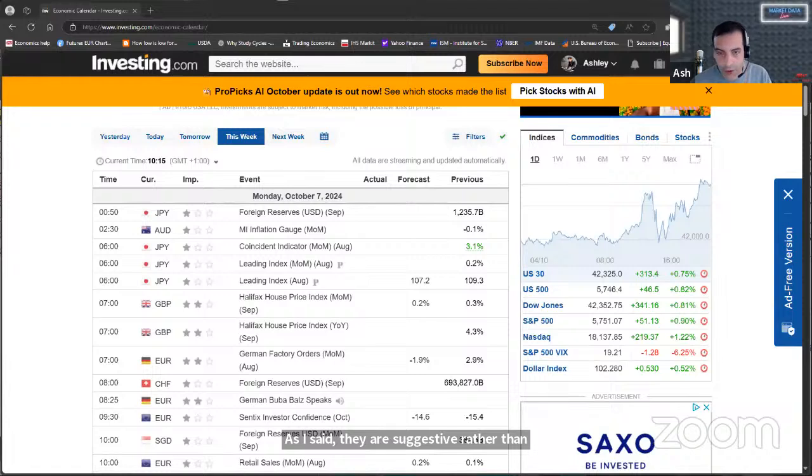The fundamentals are really what's driving the market. The seasonals are suggestive of what tends to happen at this time of year. So what the seasonals are saying is, usually we will get data which boosts the Aussie over the next week, and it usually would boost the Aussie over the next month.